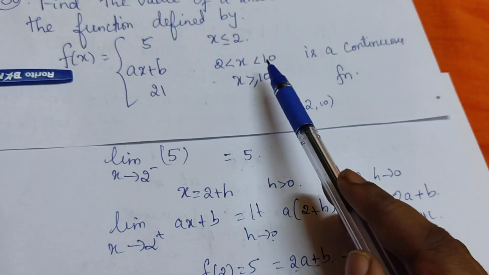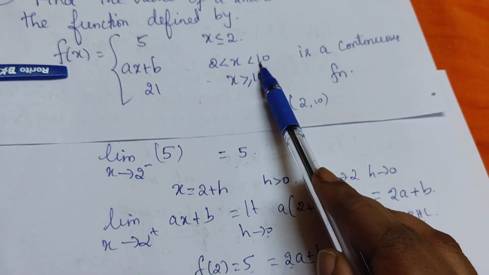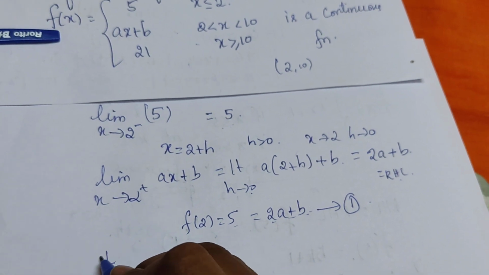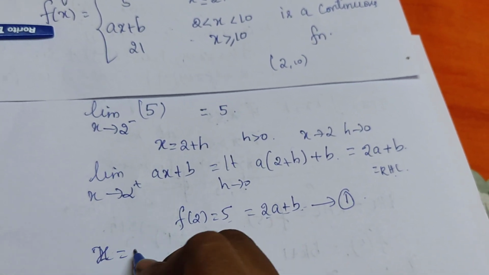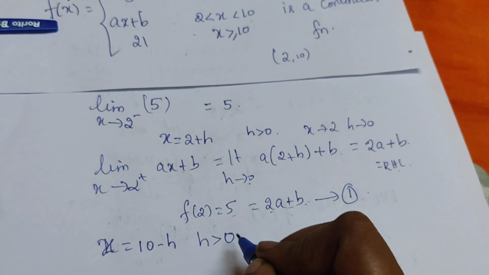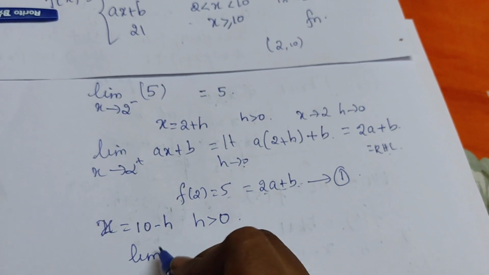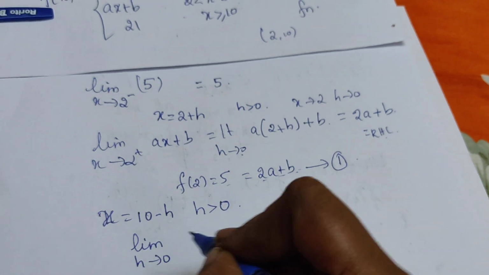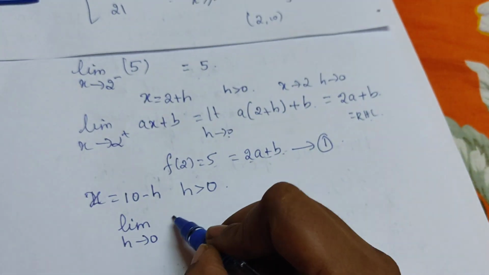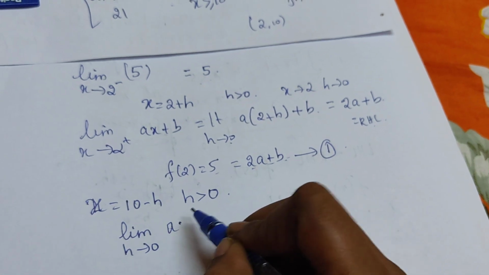Now we will find the continuity. We will assume the continuity at 10. So at 10, left hand limit. In the left hand neighborhood x will be 10 minus h, again where h is a small positive real number. So limit h tends to 0. In the left hand neighborhood the function is ax plus b.